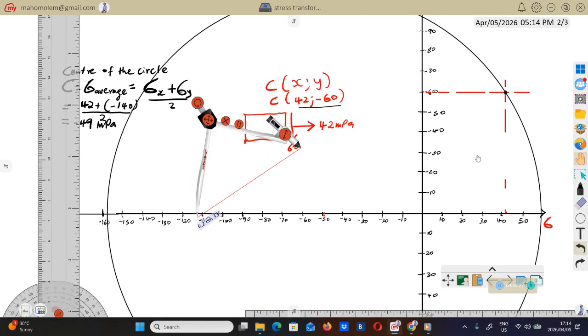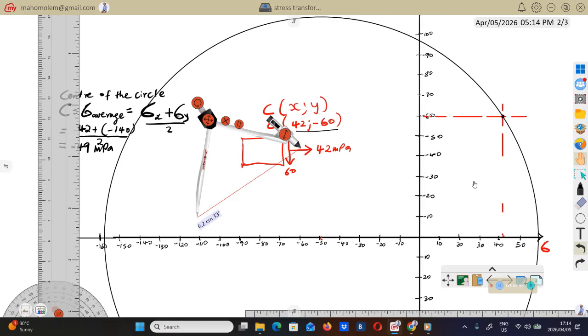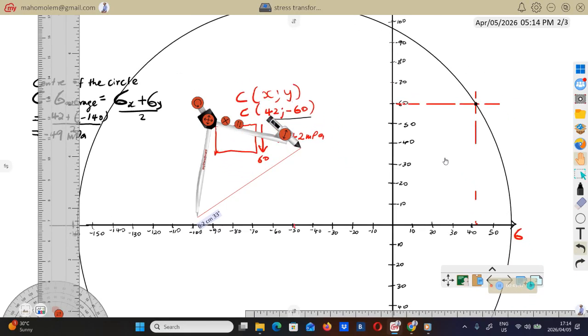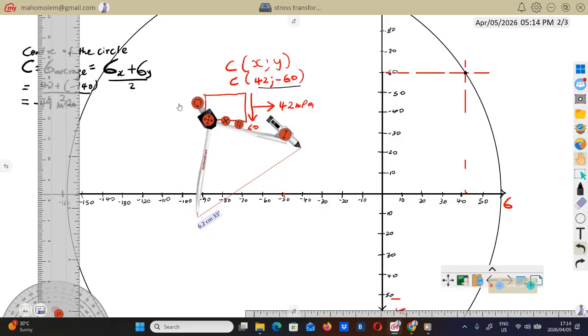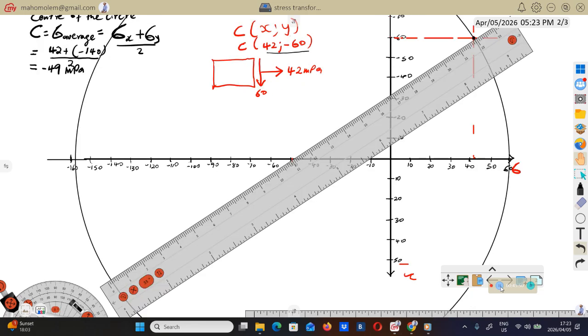This is what you are going to have. Yeah, you place your ruler like this.